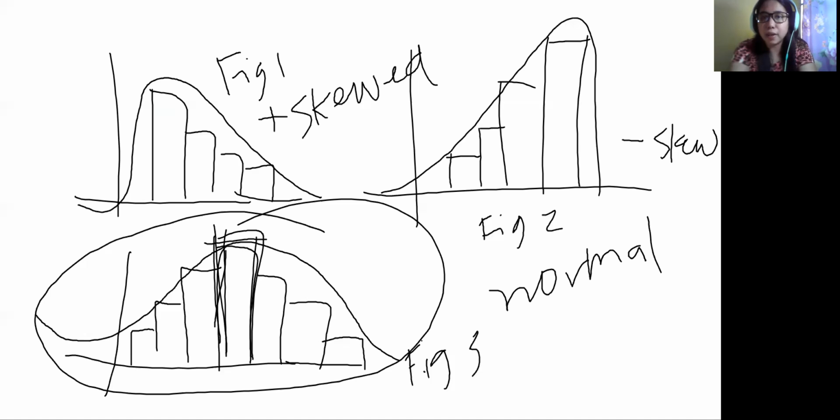So as emphasized, we have the number one characteristic of our normal curve. Number one is that it is unimodal, because it has one highest frequency.